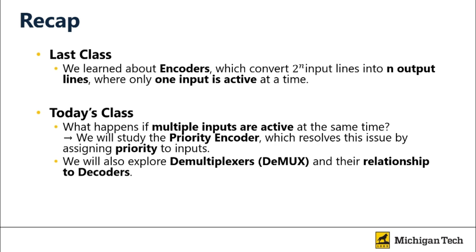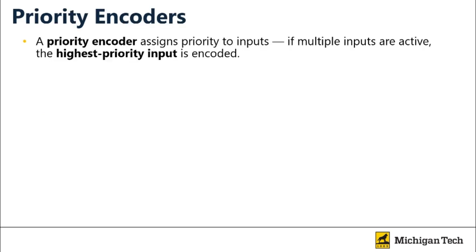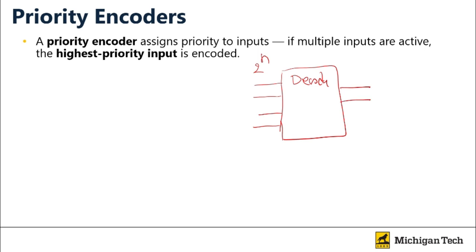So first is priority encoders. We talked about encoders before. And if you remember, the encoder was a combinational logic that had lots of inputs, like 2 power n inputs, and n outputs.